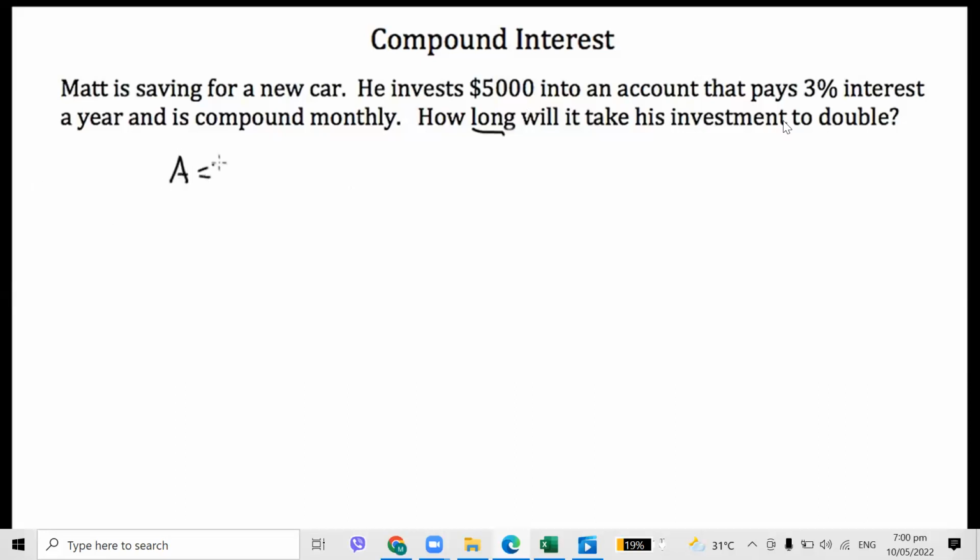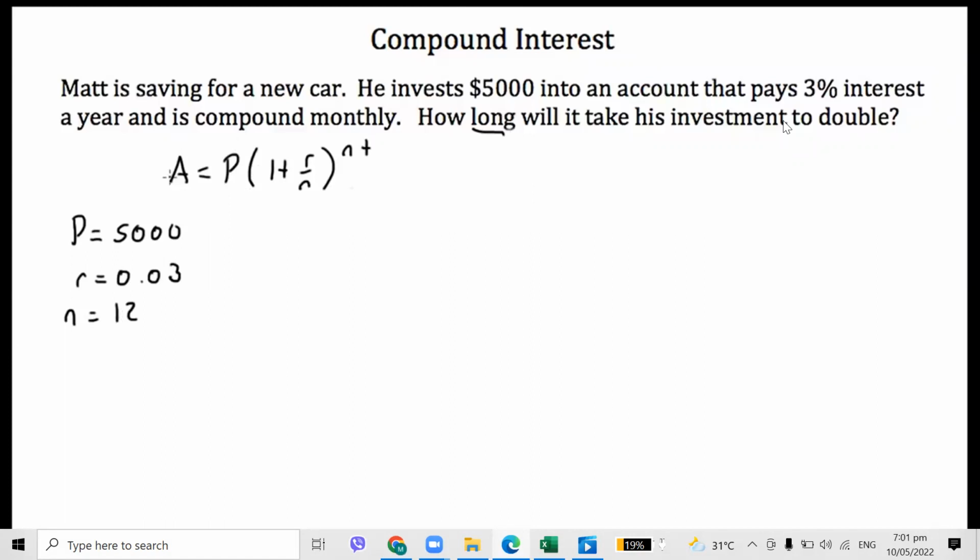A is equal to P times 1 plus R over N to the NT power. Here we know what P is. P is equal to 5,000. R, that's equal to 0.03. N is equal to 12 because we're compounding monthly. We don't know T, that's what we're trying to solve.